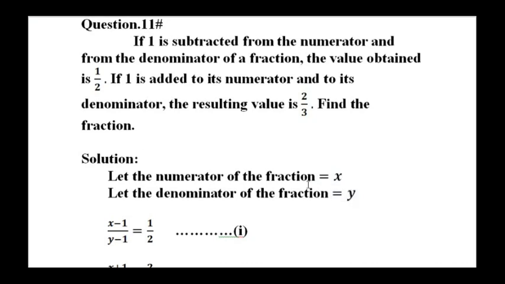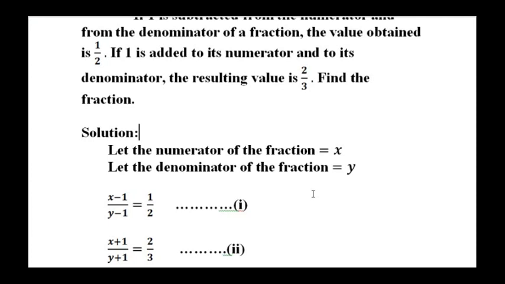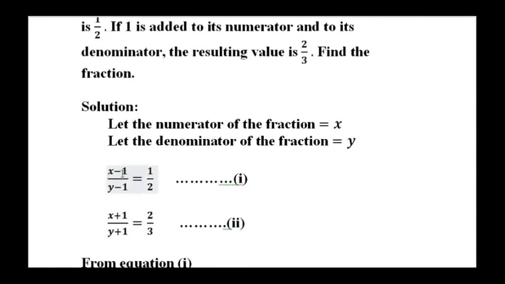As stated in the statement, if 1 is subtracted from both the numerator and the denominator, the value obtained is 1/2. Therefore, we can write (x - 1)/(y - 1) = 1/2. Now, if 1 is added to the numerator and denominator, the resulting value is 2/3.